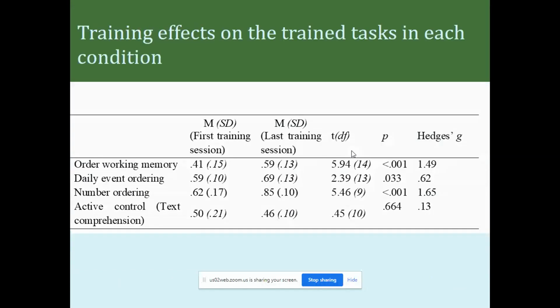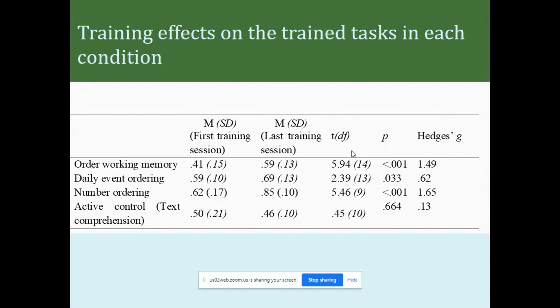First, just to show that the training was successful for all tasks: the largest training effects were found for the order working memory and number ordering training conditions. I should refer back to what Stephanie was saying, that children particularly improved in their ability to recognize sequences such as 2, 5, and 8, where there are gaps between the numbers, as still being correct in-order sequences.